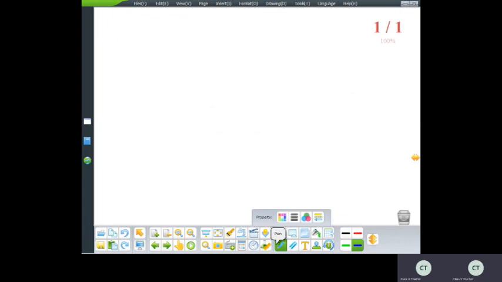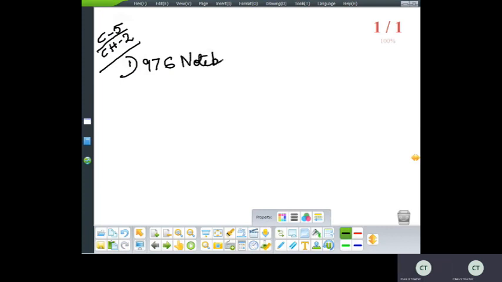976 notebooks are distributed as 30 notebooks to each student.